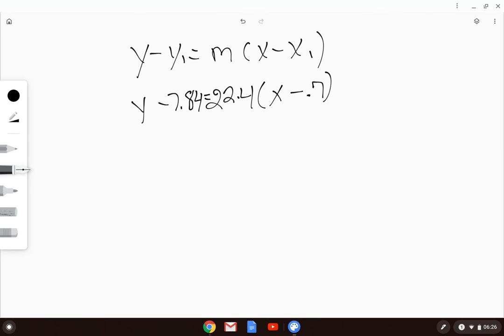All right, now we'll distribute the 22.4 to everything in parentheses. 0.7 times 22.4 is 15.68.